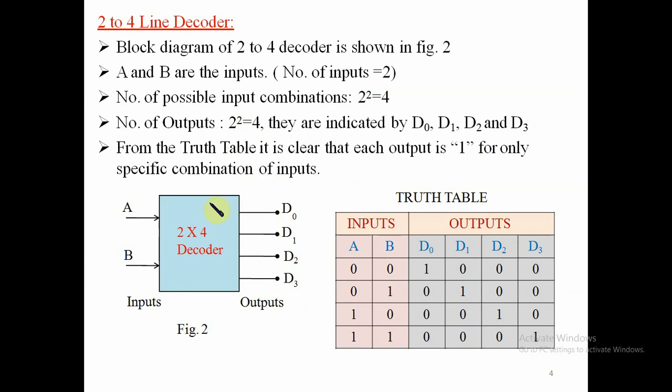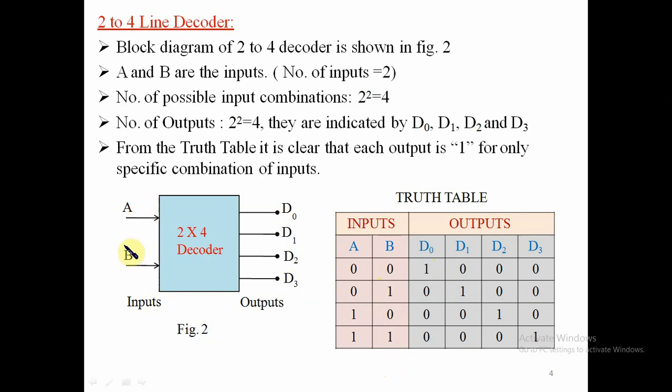Here we take the truth table. A and B are the inputs, hence we require 4 rows: 00, 01, 10, 11. For 00, only one active high pin will be there and the remaining go low, hence D0 gets high.